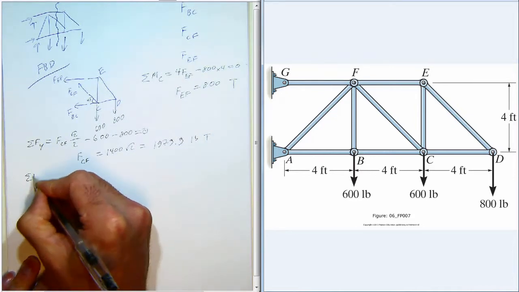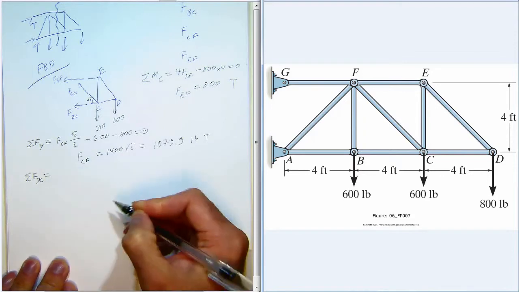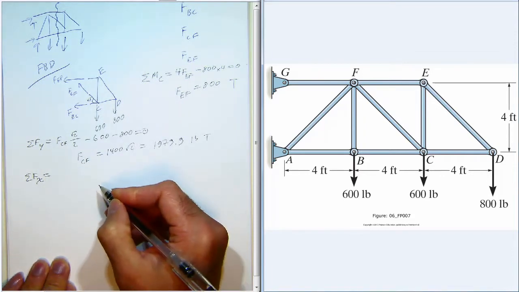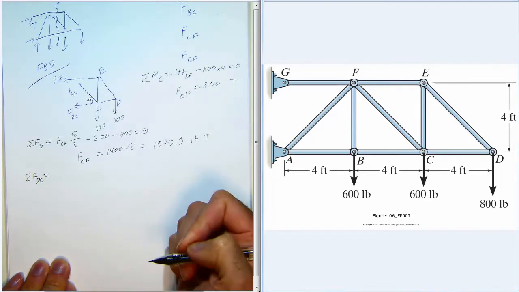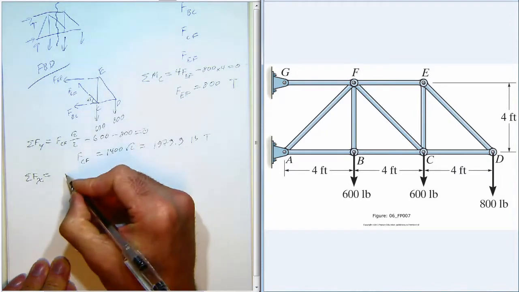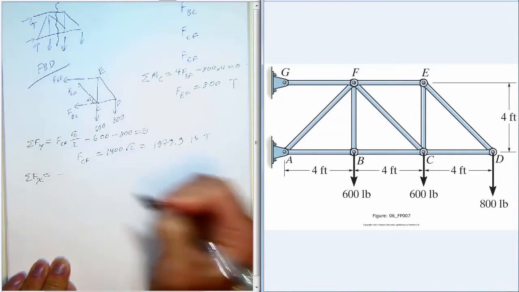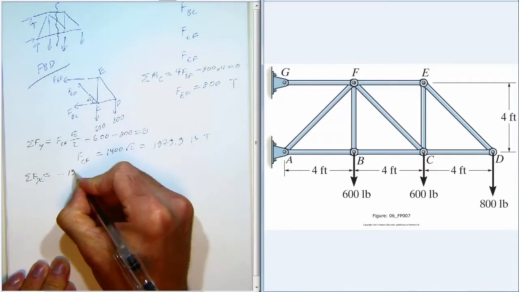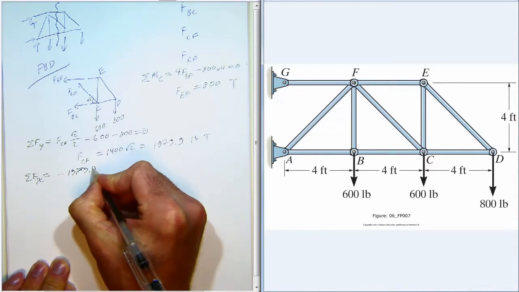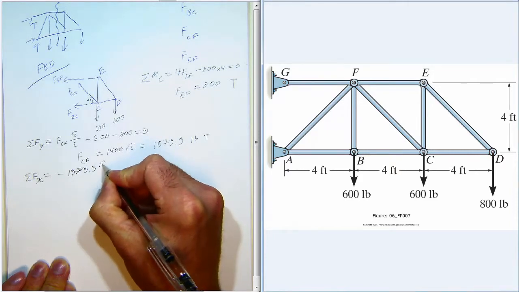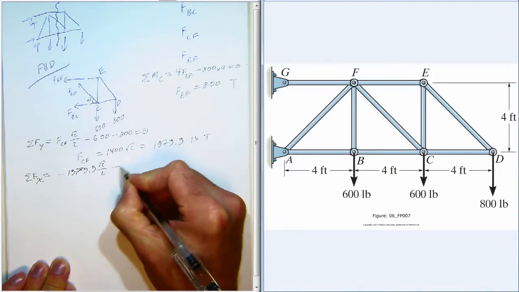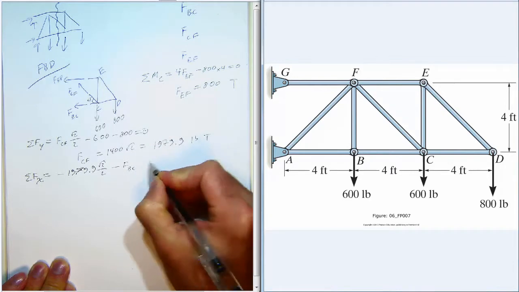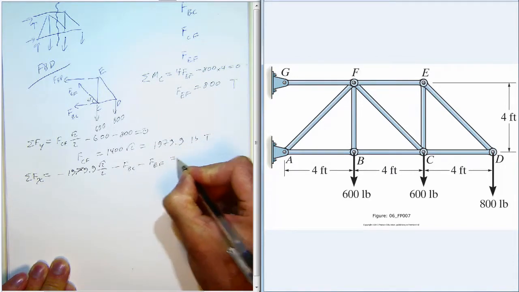And our final equation will give us FBC. So we have negative 1979.9 times the cosine of 45, square root of 2 over 2. Then we have minus FBC and minus FEF, and those all sum to 0.